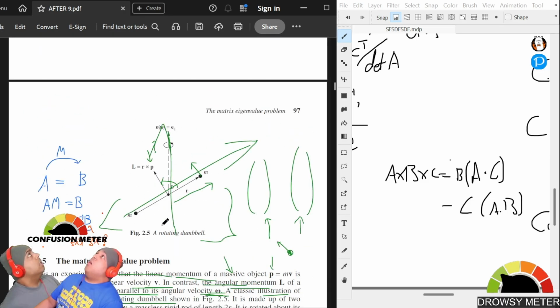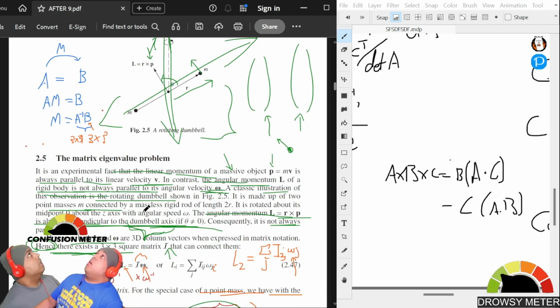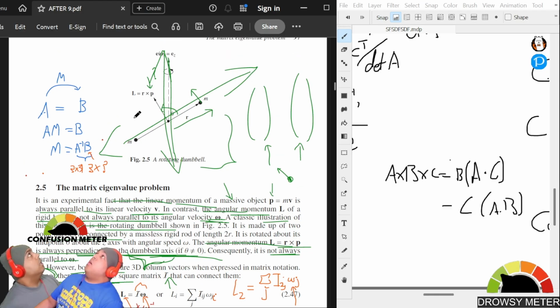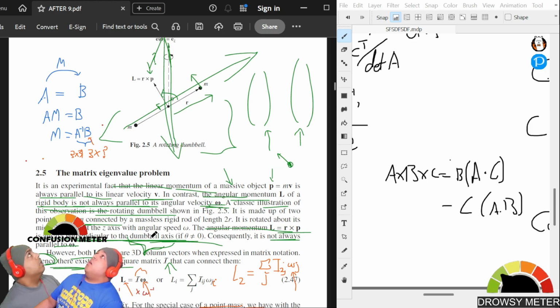I thought it was this axis because the angular momentum is always perpendicular to the dumbbell axis if theta is not equal to 0.